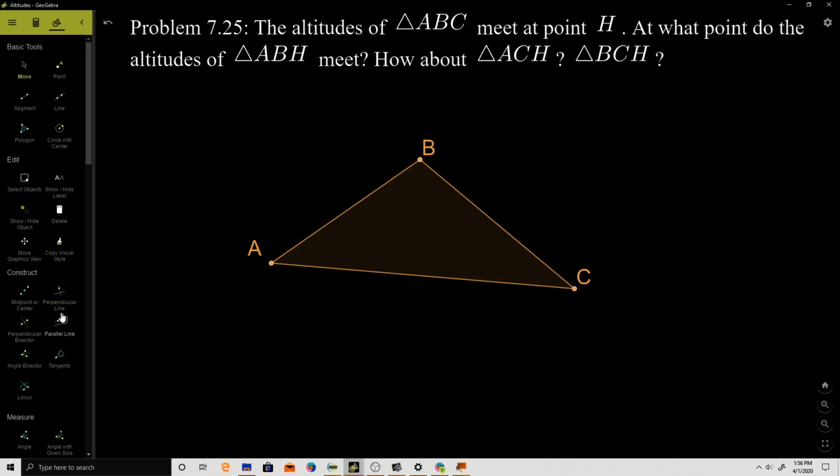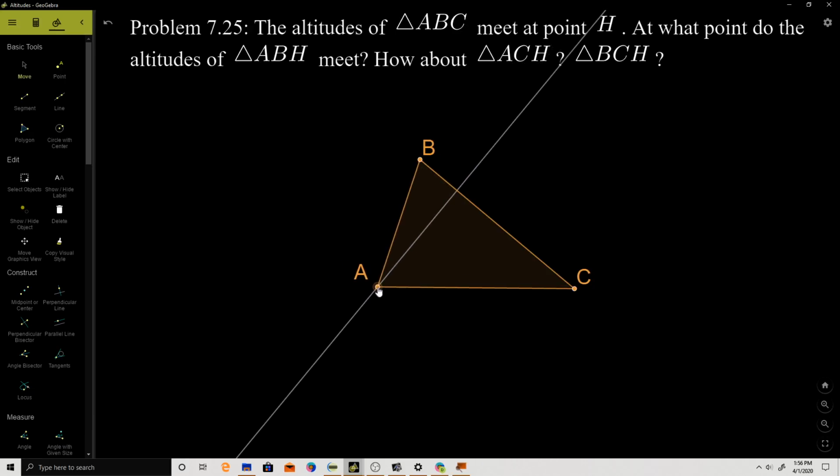So we got perpendicular line from A to BC. And actually, let me make this an acute triangle to make the work a little easier.